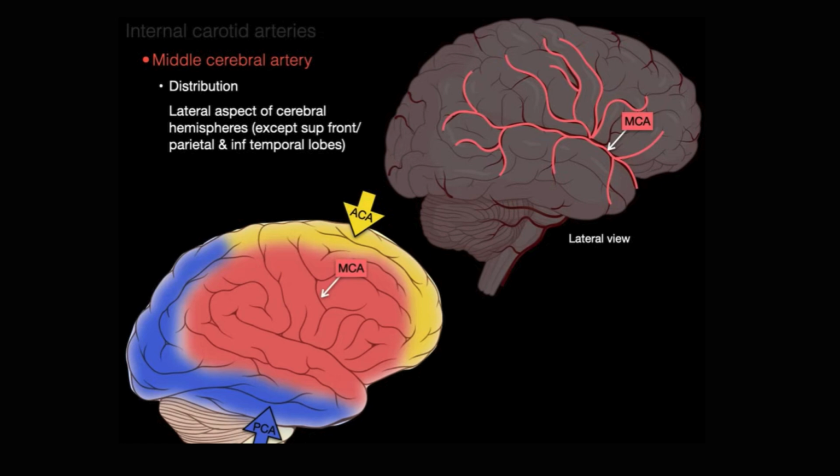The middle cerebral artery supplies the lateral aspect of the cerebral hemisphere, except for the superior frontal lobe, the parietal lobes, and the inferior temporal lobes. So you can see the different colors down here. The red one is where the middle cerebral artery supplies, but the yellow and blue parts it doesn't supply.